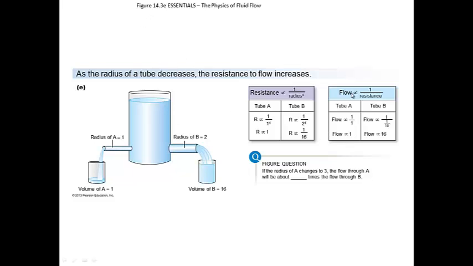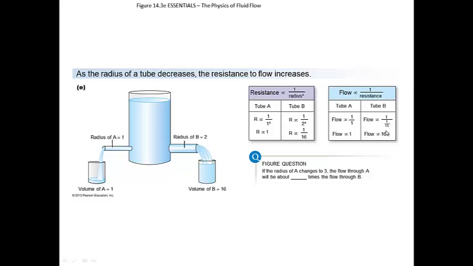So if we look at flow, we know that flow is 1 over the resistance. So if we look at the resistance being 1 in tube A, 1 over 1 gives you a flow value of 1. A lot of 1s in that statement. Compare that to tube B. The resistance is only 1/16 as it is in tube A. 1 over 1/16 is going to give us a flow value of 16.